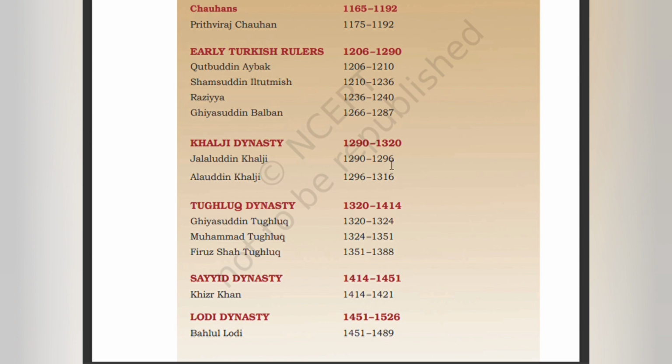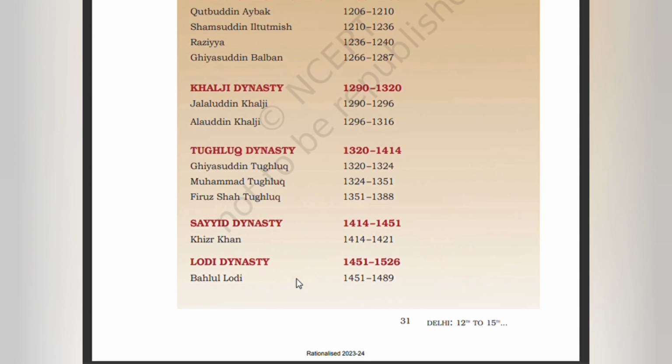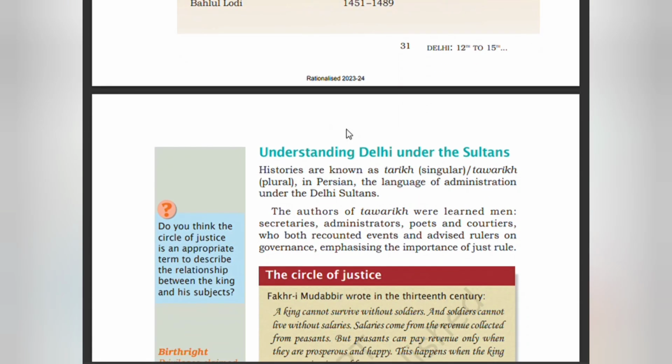Jalaluddin Khalji, 1290-1296. Alauddin Khalji, 1296-1316. Tughlaq Dynasty, 1320-1414. Ghiyasuddin Tughlaq, 1320-1324. Muhammad Tughlaq, 1324-1351. Firoz Shah Tughlaq, 1351-1388. Sayyid Dynasty, 1414-1451. Khizr Khan, 1414-1421. Lodi Dynasty, 1451-1526. Bahlul Lodi, 1451-1489.